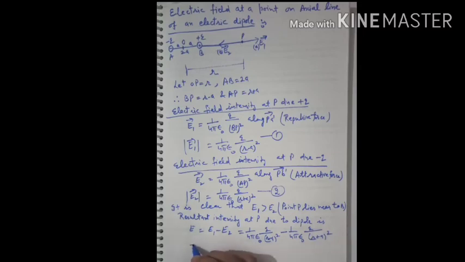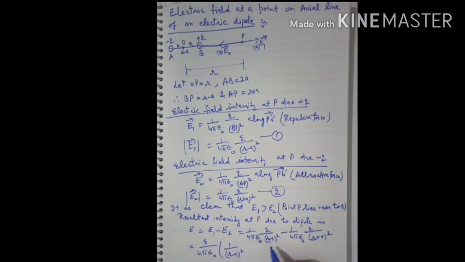So taking q and 1 by 4 pi epsilon naught common, this is equal to 1 by (r minus a) square minus 1 by (r plus a) square.